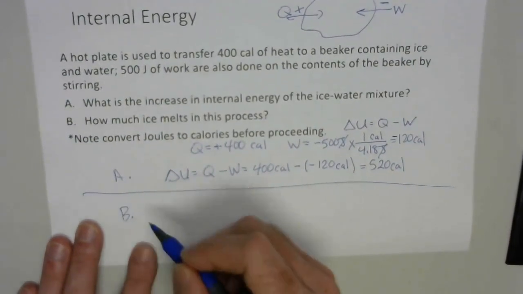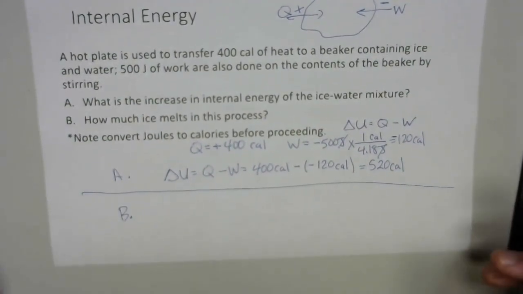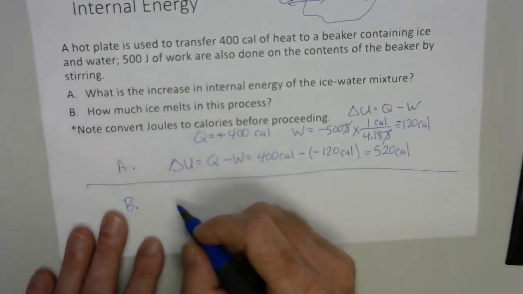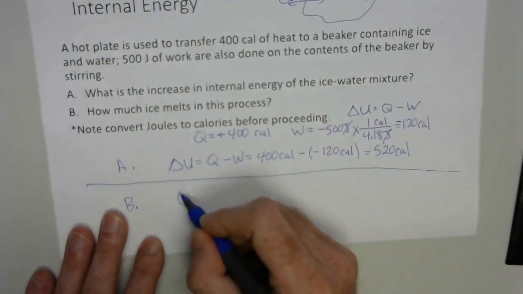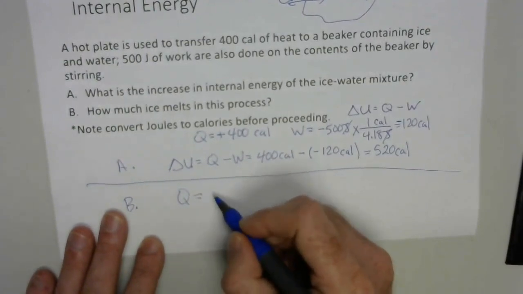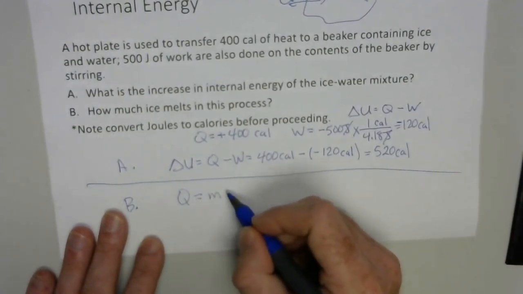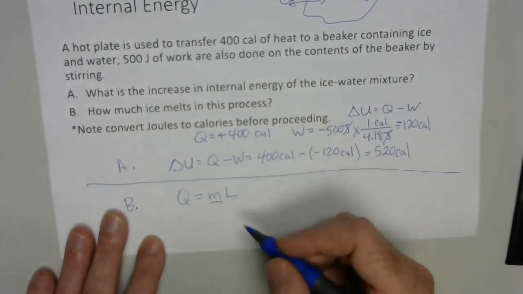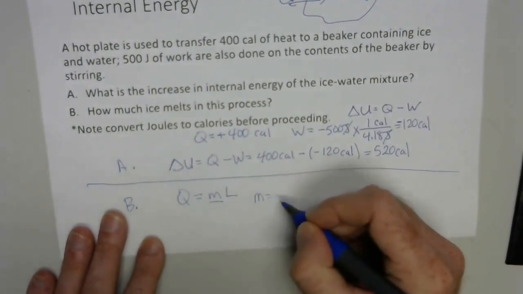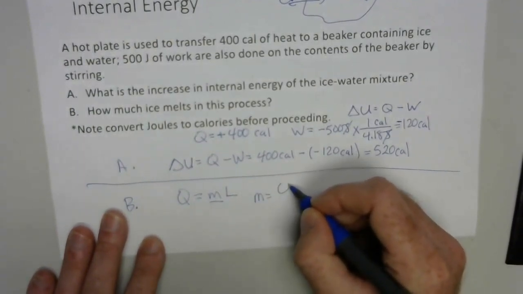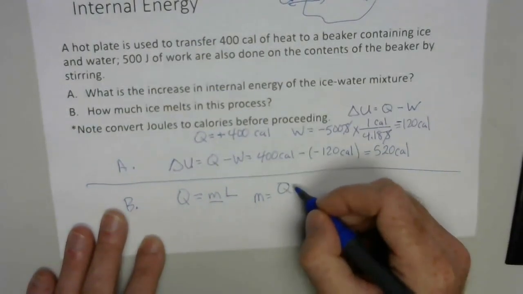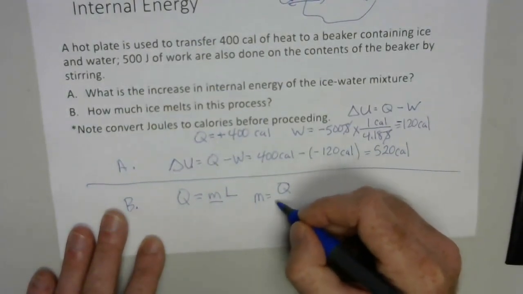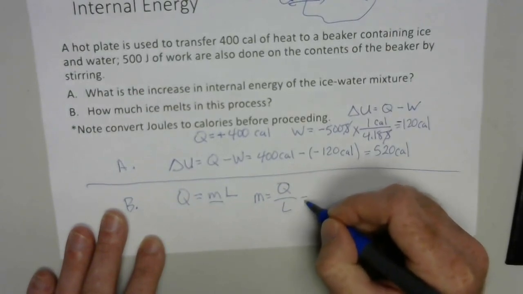Part B says, all right, if I do that, how much ice actually melts? Now we need to go back to our friend here. Assuming it's already at the freezing point, the amount of heat you would need to add is equal to the mass times the latent heat. What I want is the mass in this case, because we know how much ice melts. The mass is equal to the heat, or the amount of energy added to the system in this case, divided by the latent heat.